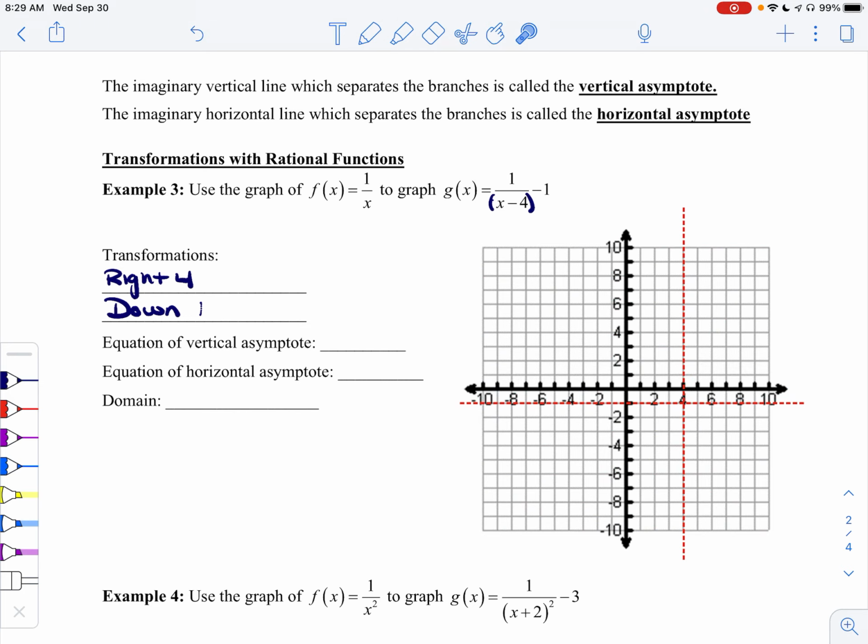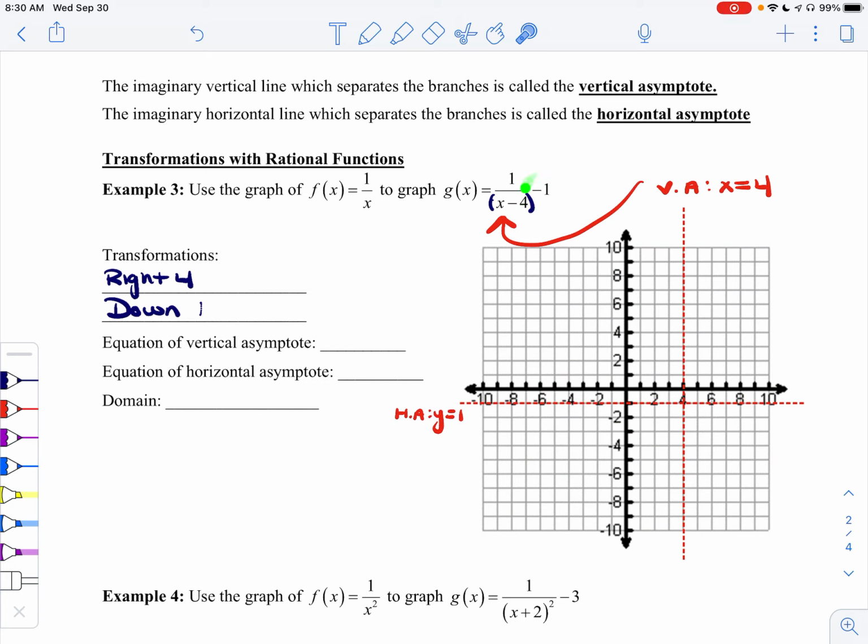So the right 4 changes the vertical asymptote, and the down 1 changes the horizontal asymptote. So now we have our vertical asymptote at x equals 4, and that matches up with where our function is undefined, what gives us a 0 in the denominator. The horizontal asymptote is now at y equals negative 1, and that comes from our vertical shift up or down.